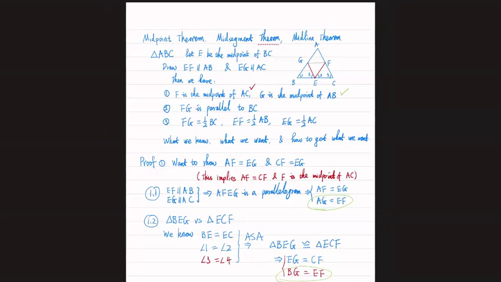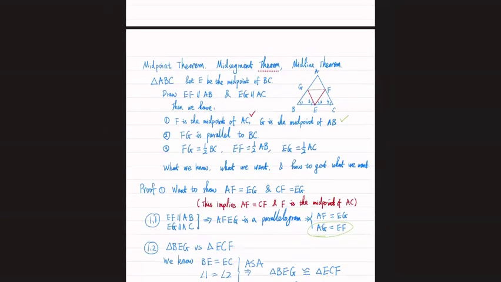Let's compare triangle AGF with GBE. First, we know AG and BG are the same length because G is the midpoint. We just proved it.